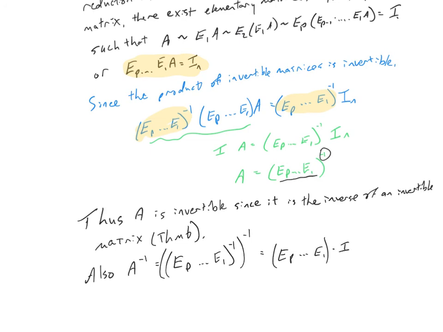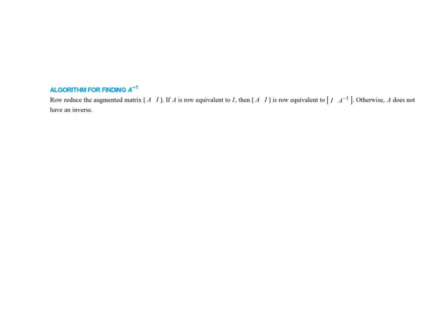Okay, and the significance of that, which I'm going to say a couple more times probably, is that to find the inverse of a matrix, I perform the same set of row operations on the identity. The same set of row operations that reduces A to the identity also transforms the identity into its inverse. That's what's cool about this theorem. And so that is the significance of the proof of that theorem, that it tells us how to find inverses.